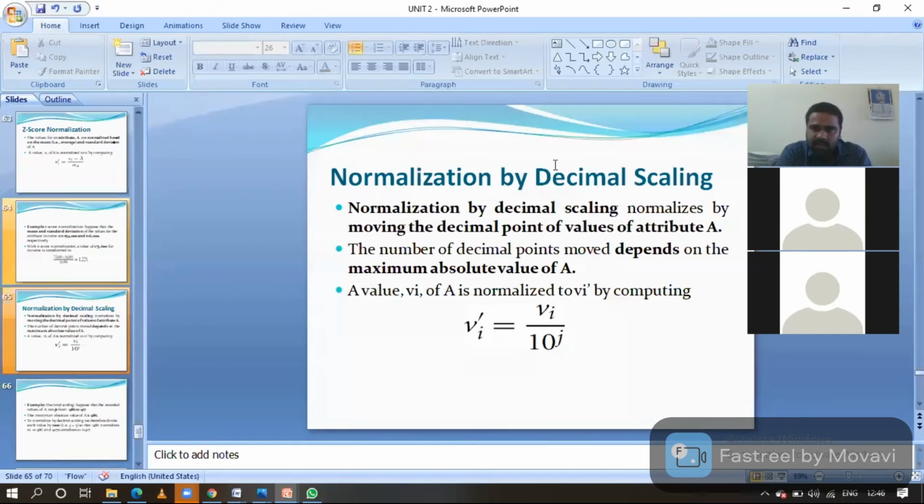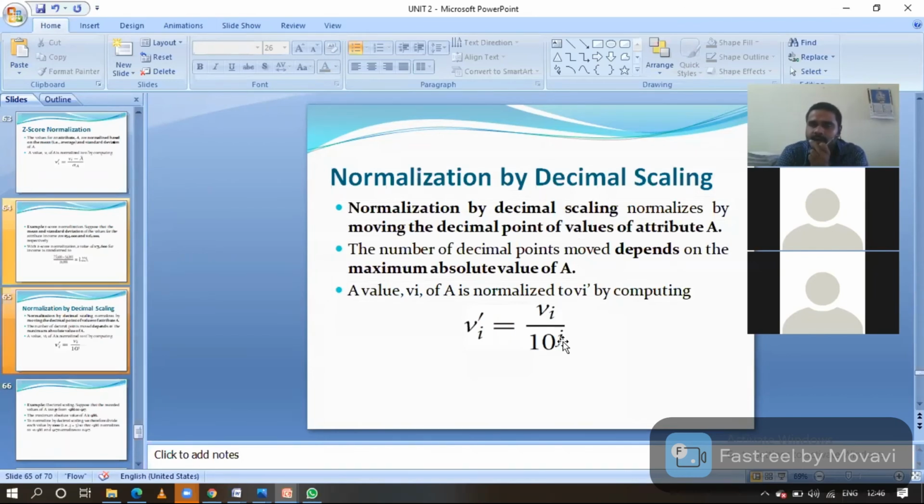First of all understand this one, simple one, nothing is there, guys. Understand this point. Here normalization means we are going to convert the attribute value to some other range. We are going to divide that one by 10 power j.